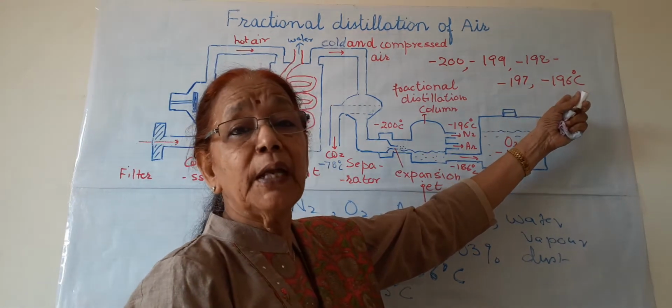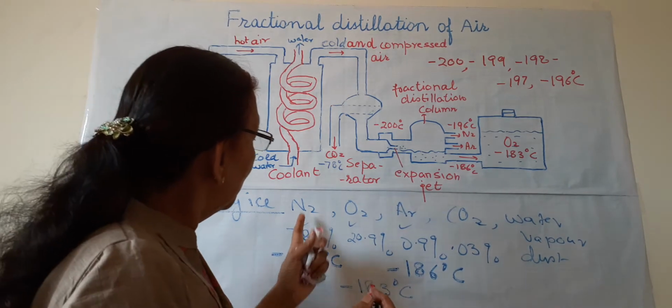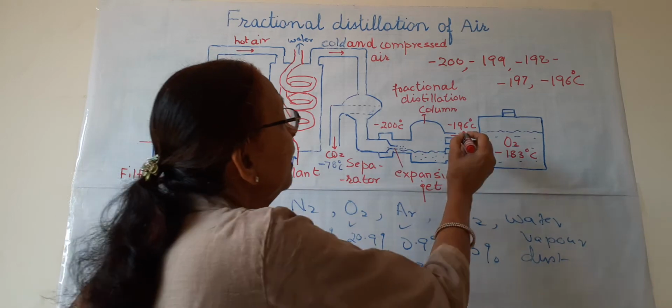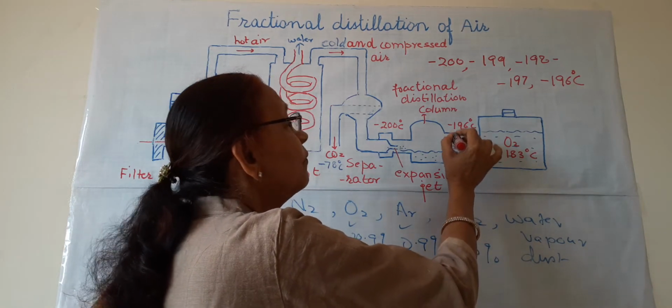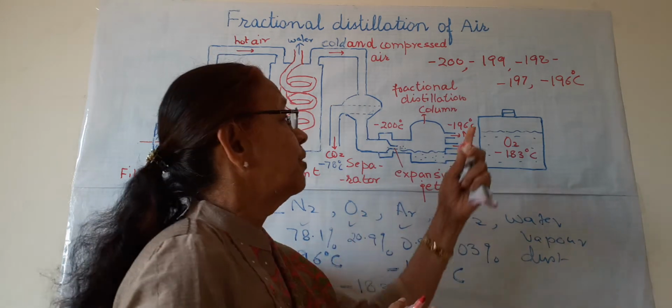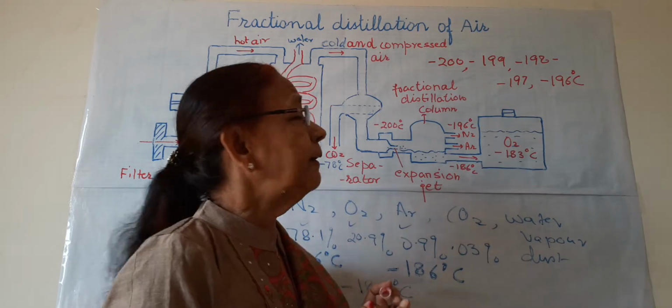When this temperature minus 196 degrees centigrade is achieved, all the nitrogen converts into gaseous state and we can have nitrogen from this outlet and collect this nitrogen in gaseous form.